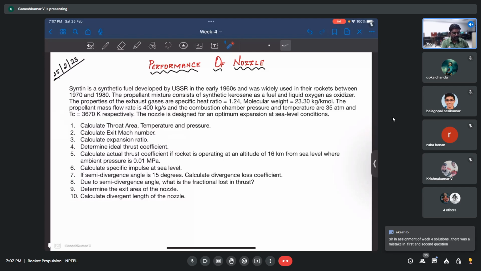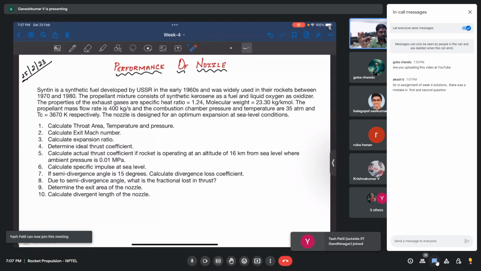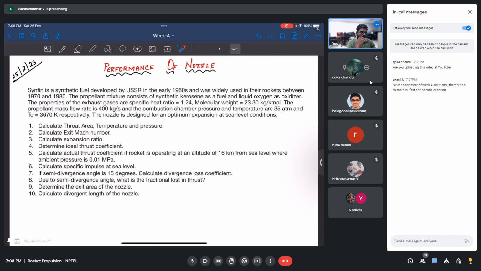In the week 5 lectures there was one lecture on the choice of chemical propellants. From there you will start understanding how the chamber pressure and chamber temperature build up in the rocket. Right now we need not worry about it.